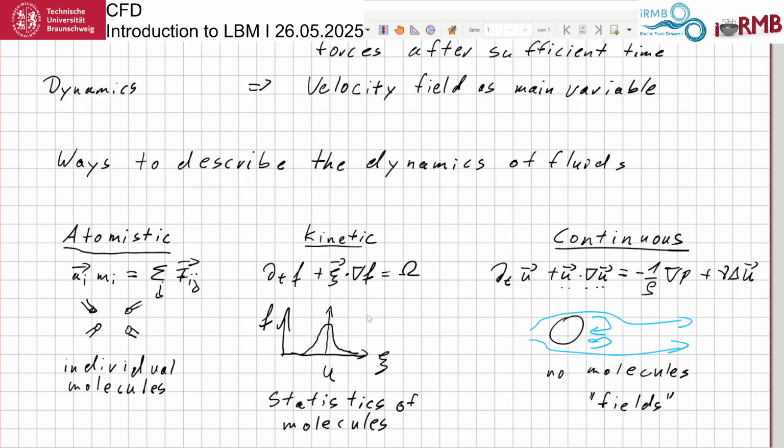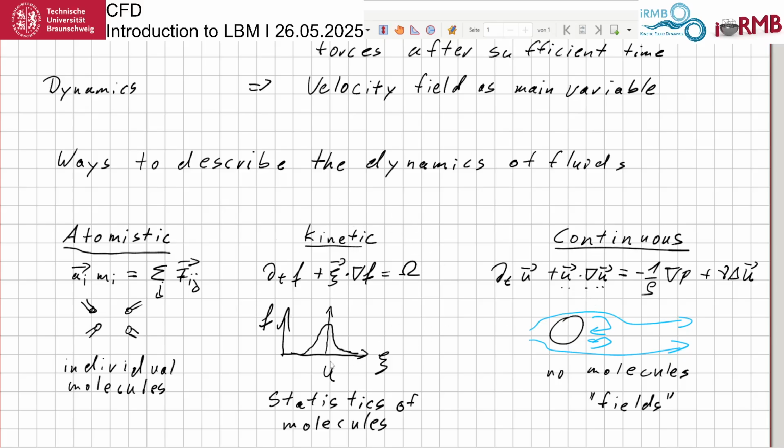So we have these three descriptions of our world, and most CFD software works in this context, because this is enough.